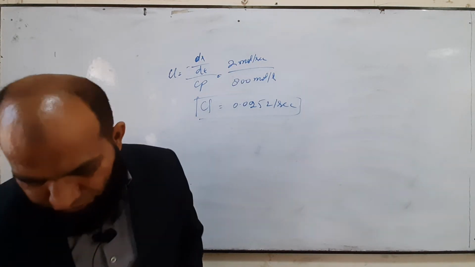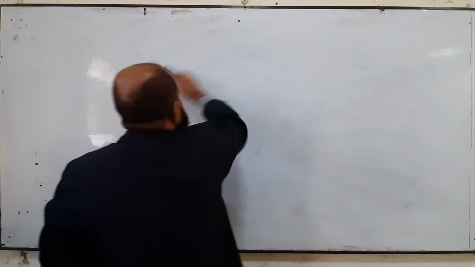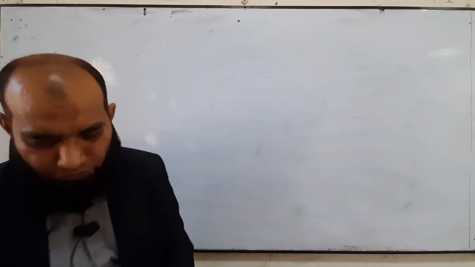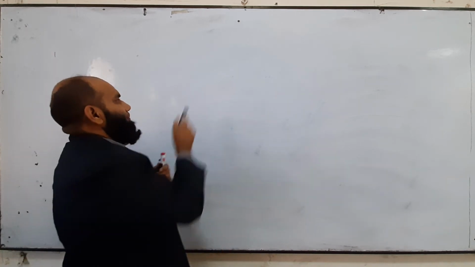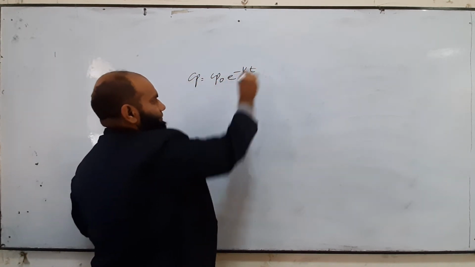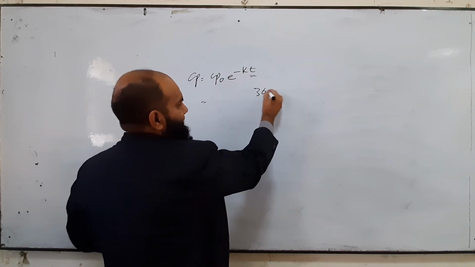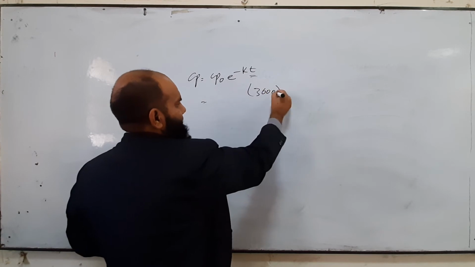First of all, we will calculate the Cp at 1 hour. We have the formula Cp is equal to Cp naught e raised to minus Kt. This t is now 1 hour, which we write as 3600 seconds.